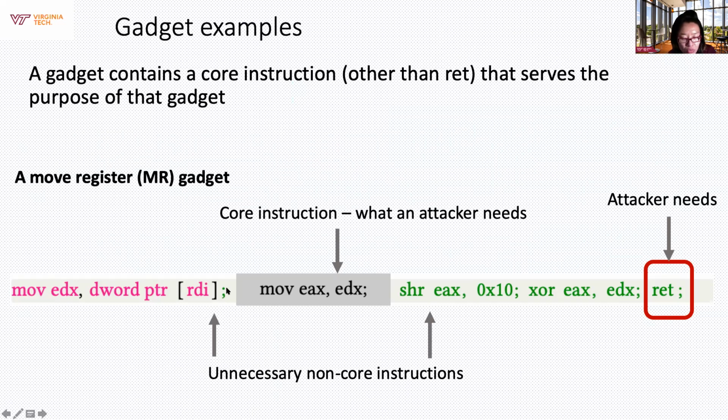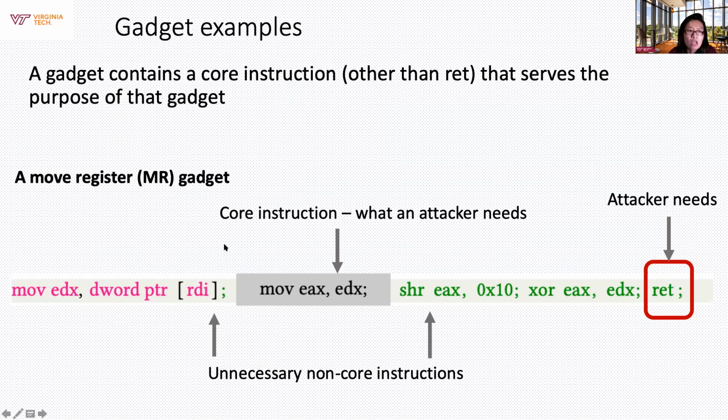This delimiter marks one instruction, and so on. It has to end with a return so that the attacker will be able to transfer to the next gadget and then chain them. So there's this gadget chaining concept.